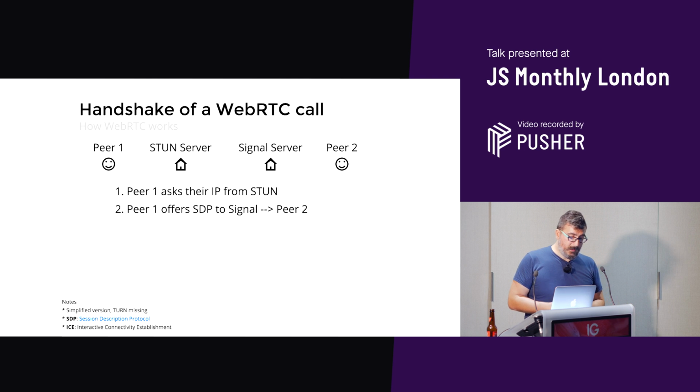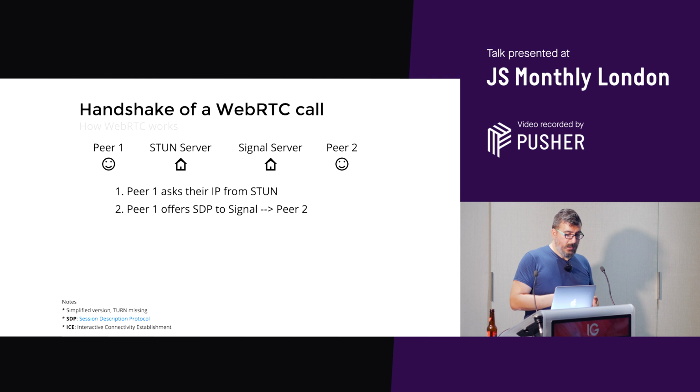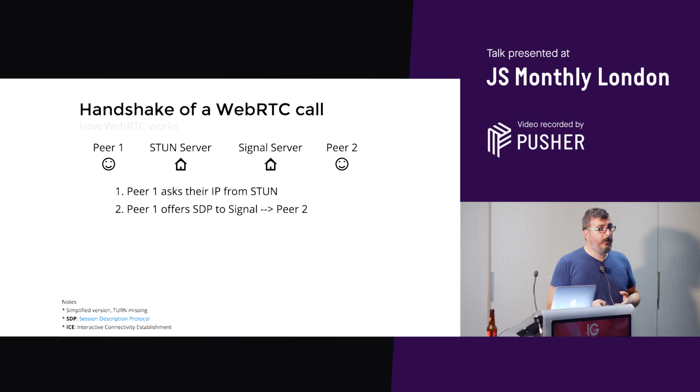And once the first peer gets its IP, it then produces what we call candidates, and those candidates include information about my connectivity and about my possibilities, what codecs I support, how you can connect to me and stuff like that.